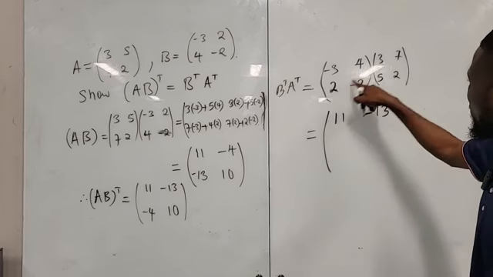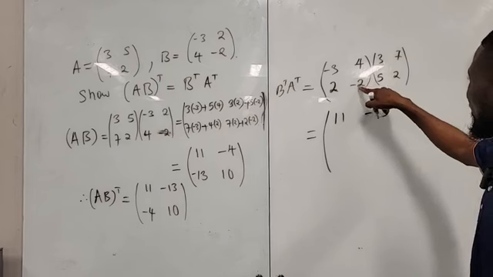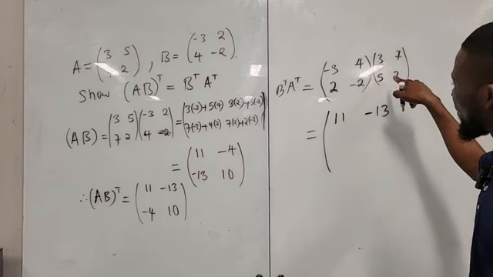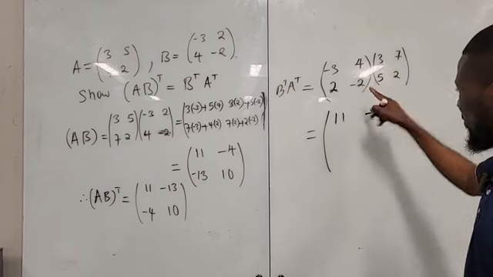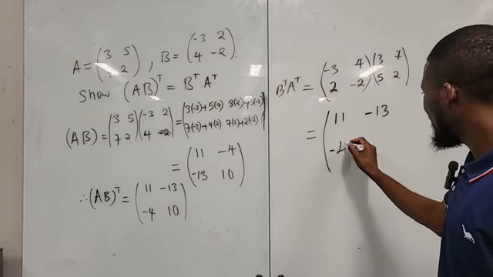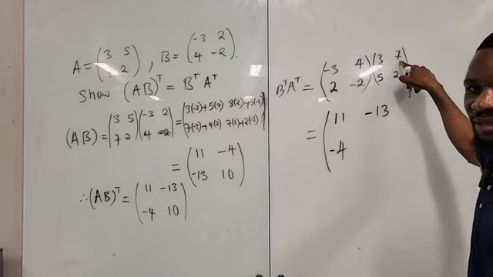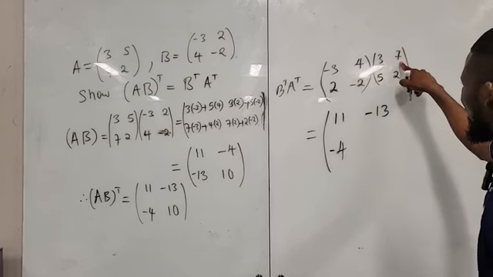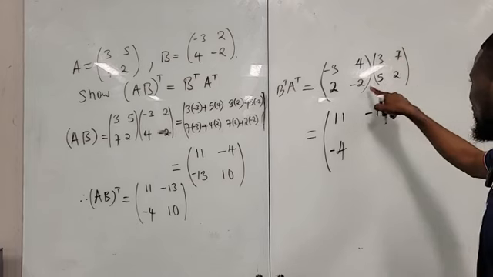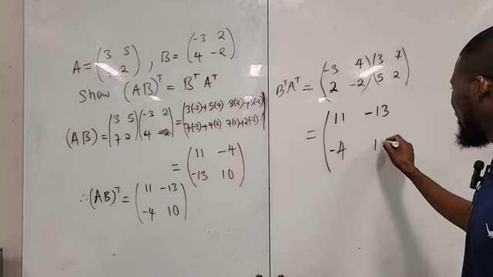Then 2 by 3, which is 6, and -2 by 5 is -10, so the sum is -4. Next is 2 by 7, which is 14, minus 4, that is 10.